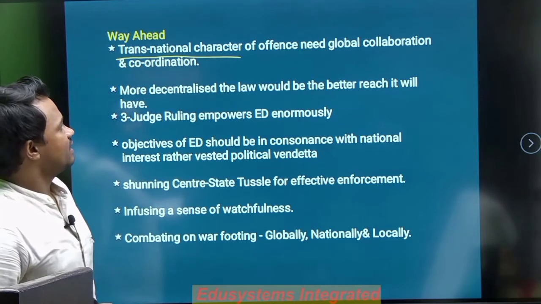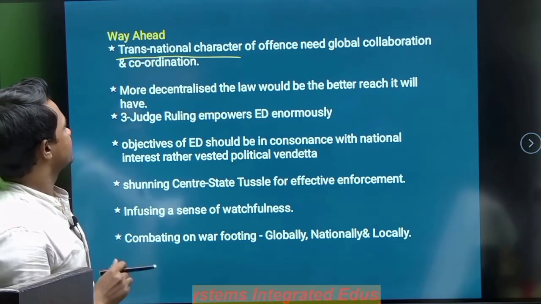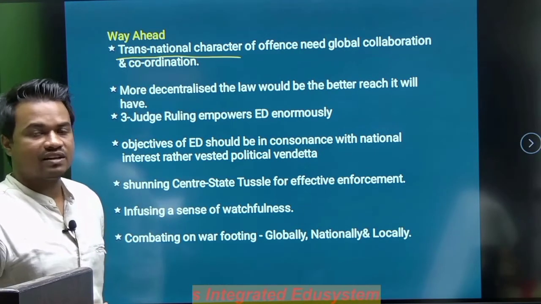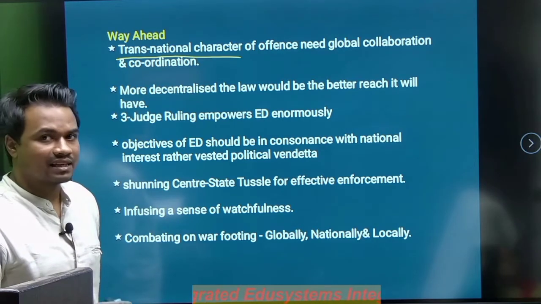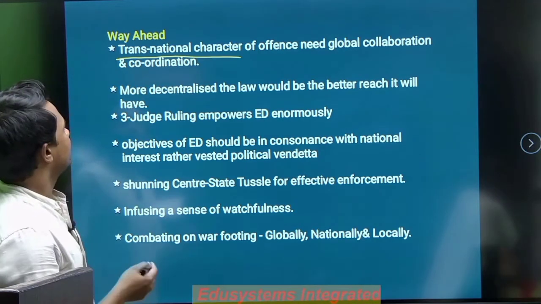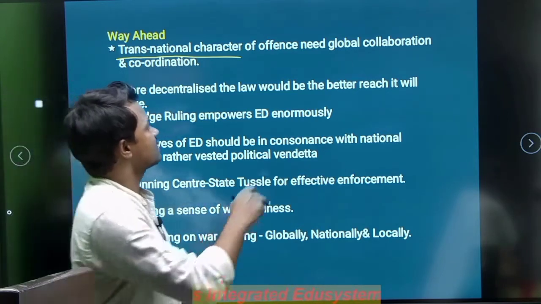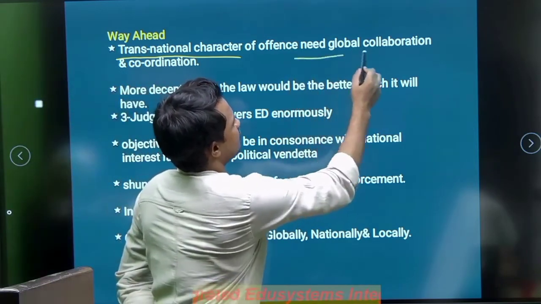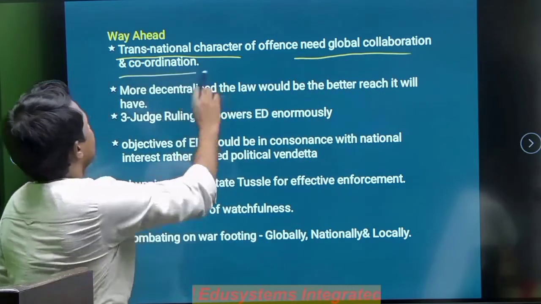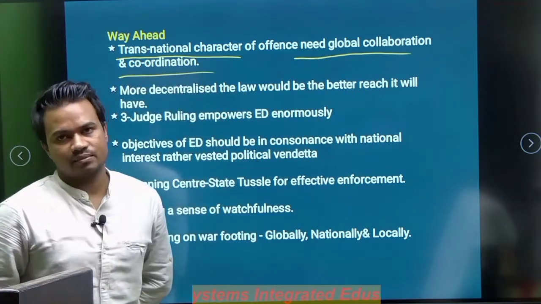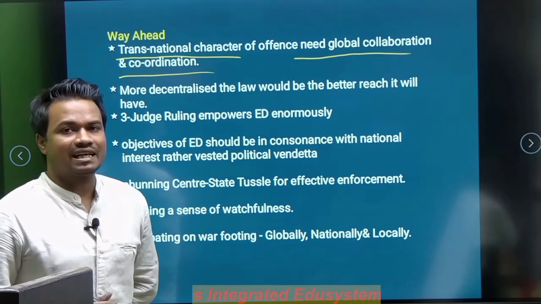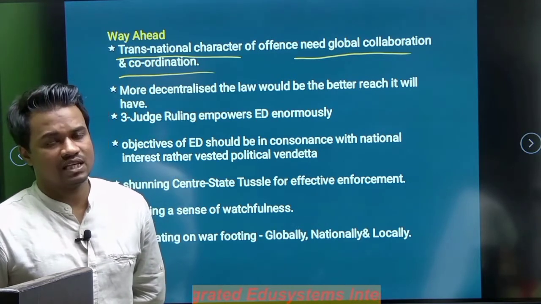In the present era of globalization, this is one of the spillover effects of globalization, we can say the dark side of globalization. And since this is a transnational offense, we need global collaboration and coordination. Global effort is important to completely eradicate the menace of money laundering.